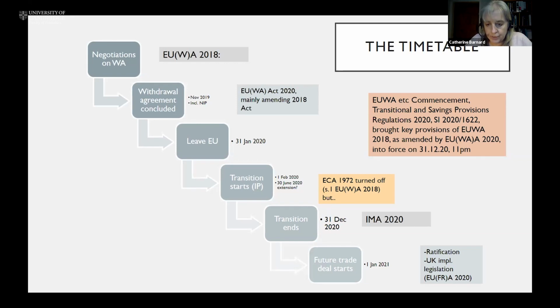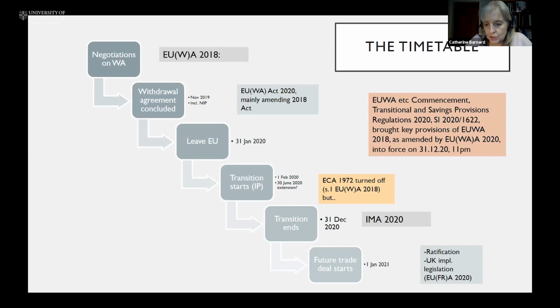And in the course of that, we also passed the Internal Market Act, which will raise all sorts of interesting and difficult issues in creating an internal market across the four nations of the United Kingdom. And as you know, on Christmas Eve, we did successfully conclude the Trade and Cooperation Agreement, and that Trade and Cooperation Agreement has been delivered into UK law through the EU Future Relationship Act 2020.